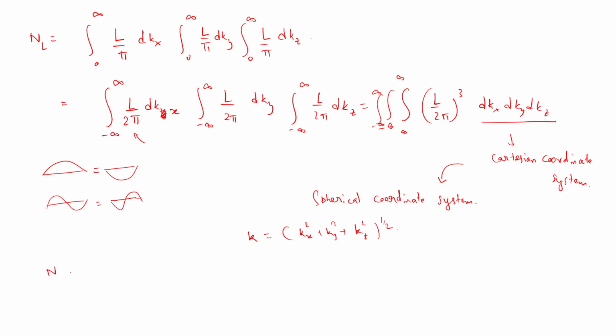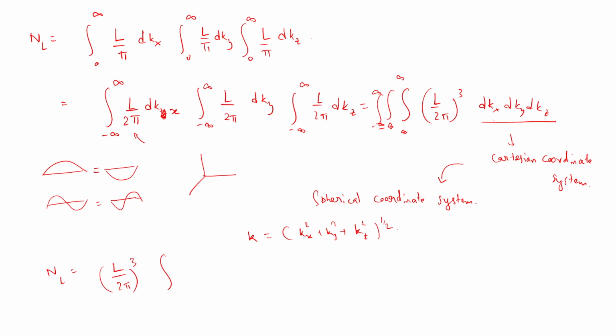So what we'll have is n, the number of states, the number of levels, L over 2 pi whole cube, and here, in the Cartesian coordinate system we have to think of it as from k to k plus dk.